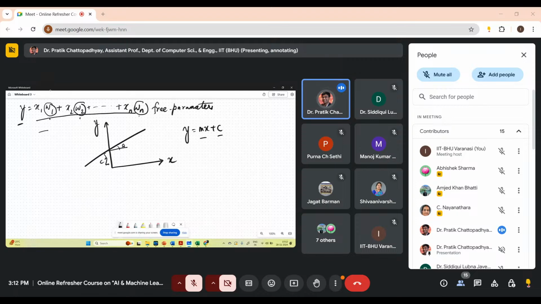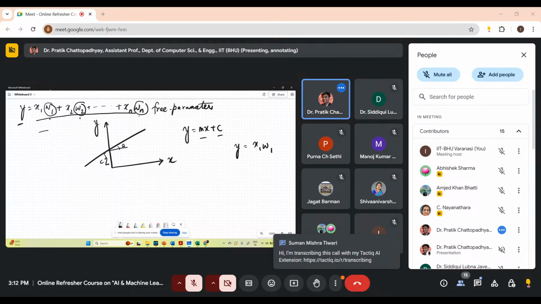If we just talk about a single weight, it is of the form Y equals x1 W1. If we have a single weight, this line always passes through the origin. We do not have this c term in this line. So that makes the fitting less flexible.